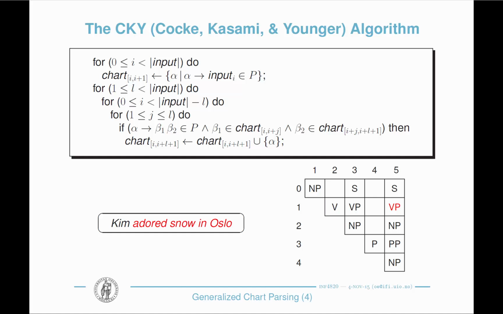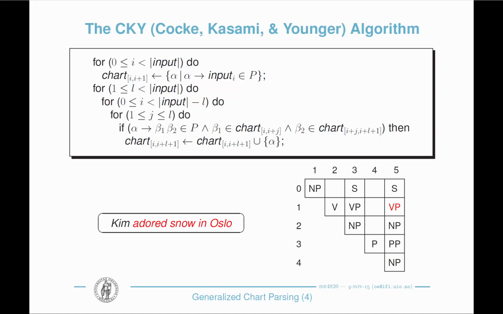But to validate your hypothesis that this is red because it answers my second question, we need another such way. Which V? Well, there's only one V, so I'll make that easy for you. And which NP can combine with this V? So this V is, well, we only have one verb, adored. And now we want something that starts where this verb ends, so this row.